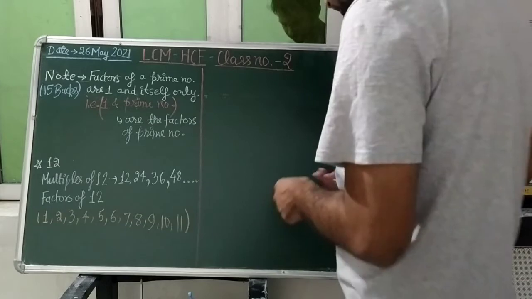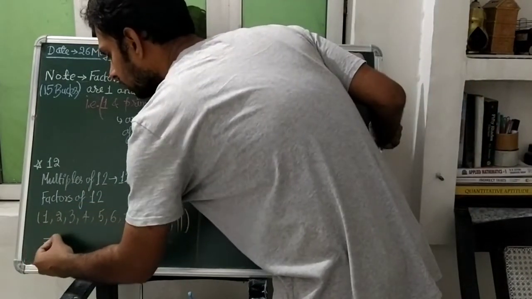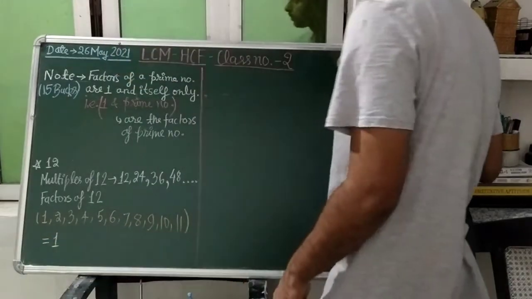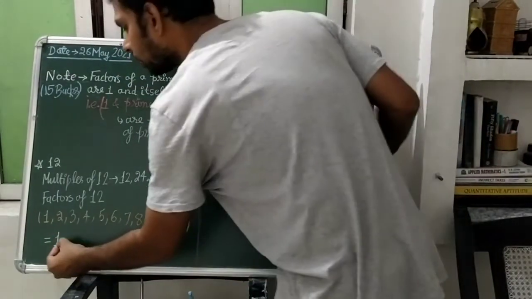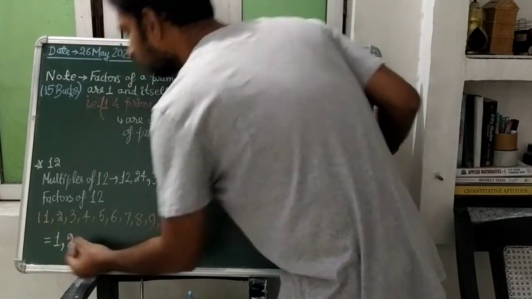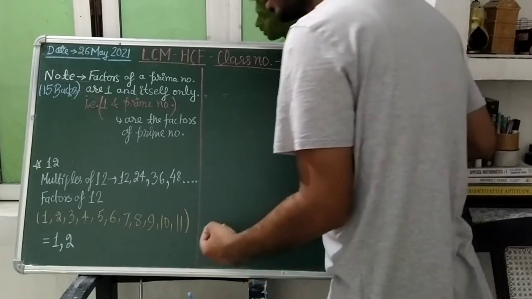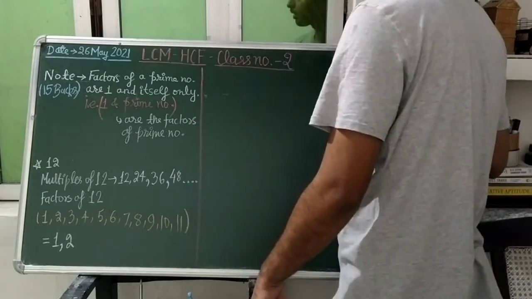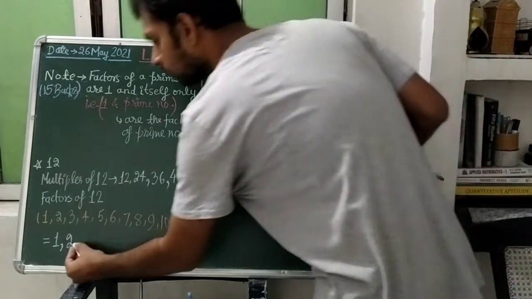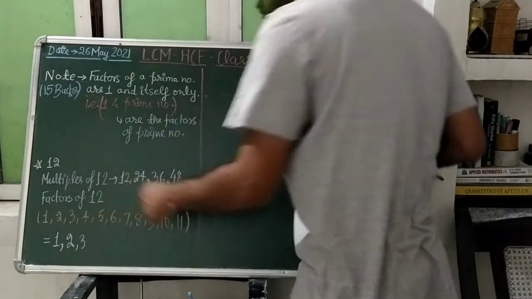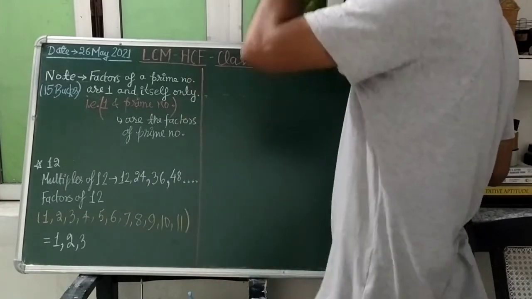Whether 1 will divide 12? Of course, 1 will divide 12. 2 will divide 12? Yes, 2 6s are 12, so 2 will be a factor of 12. Whether 3 will divide 12? Of course, 3 4s are 12, so 3 will be a factor of 12.